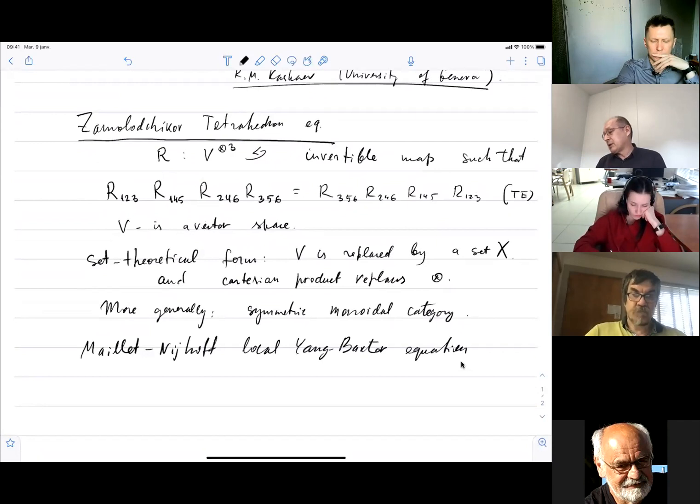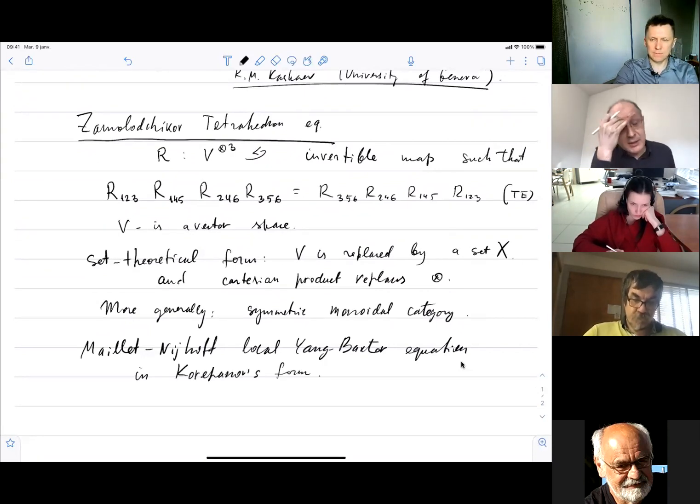But more concretely, I will be talking about its spatial form, which I call Korepanov's form. And Korepanov's form corresponds to the symmetric monoidal category of vector spaces, but instead of tensor product, we use the direct sum operation.